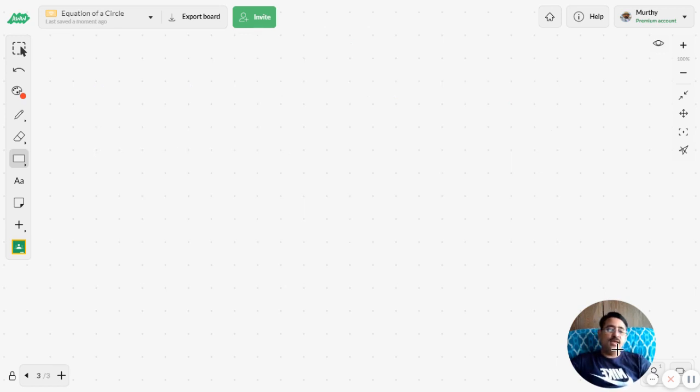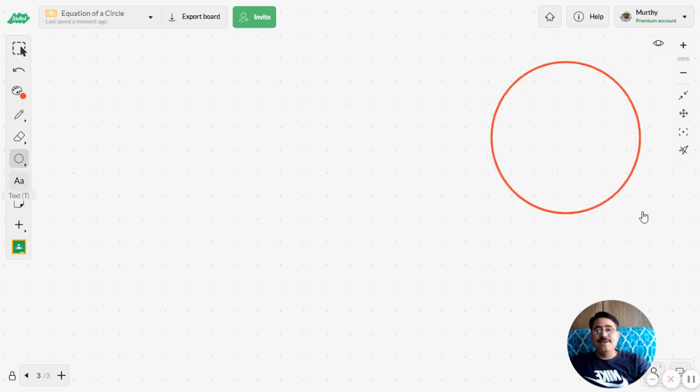Now, let me take another scenario: if the center is not the origin. This time I'm taking a circle, and the center is not 0, 0. It's not the origin.